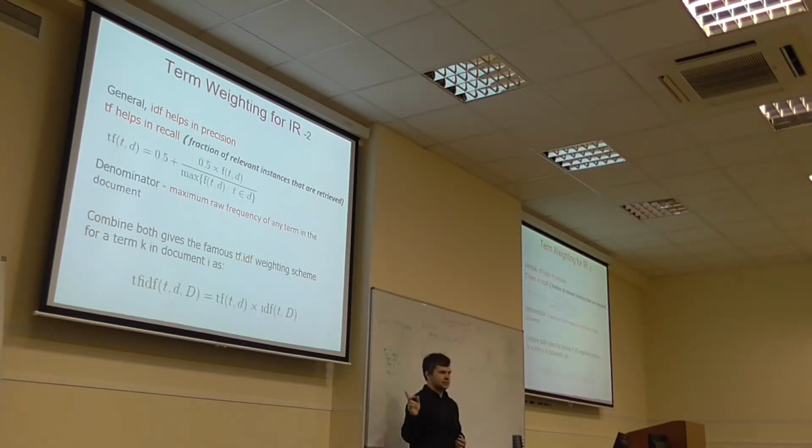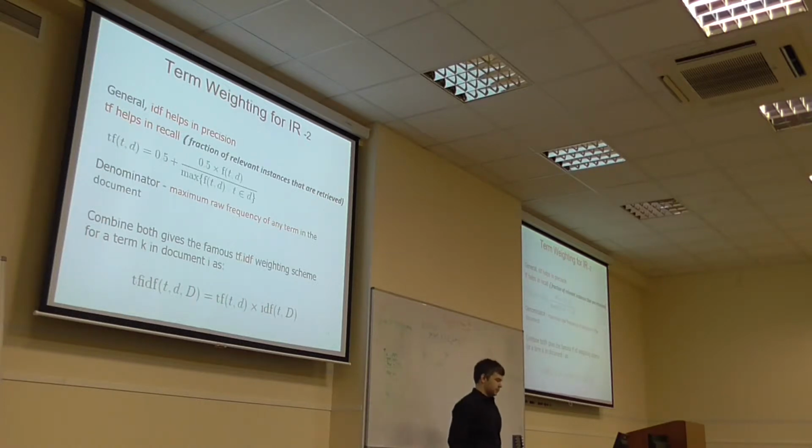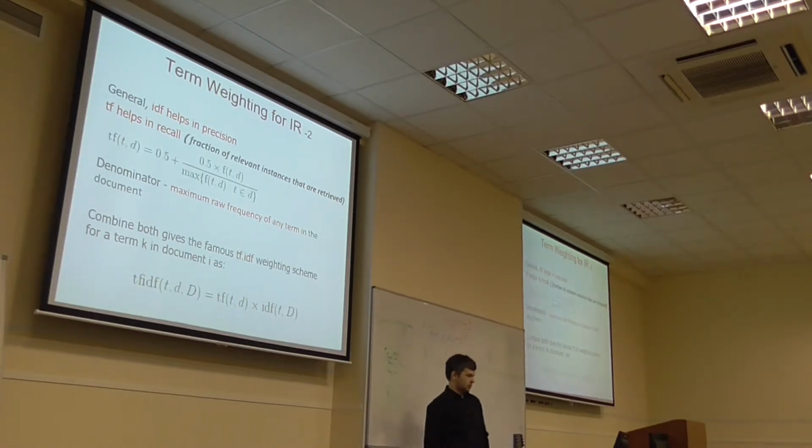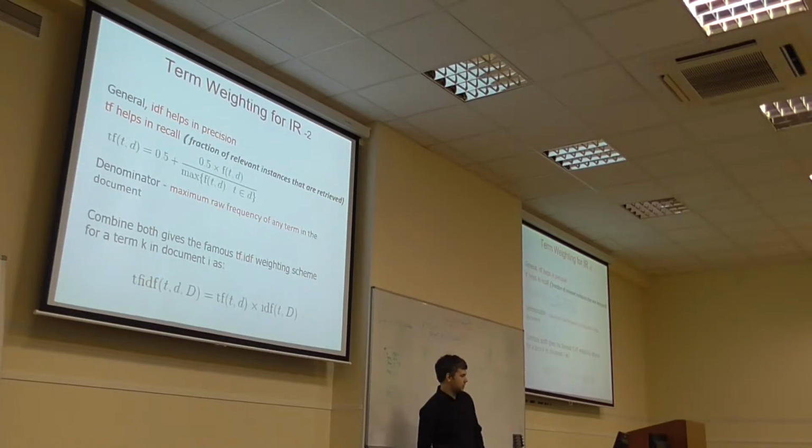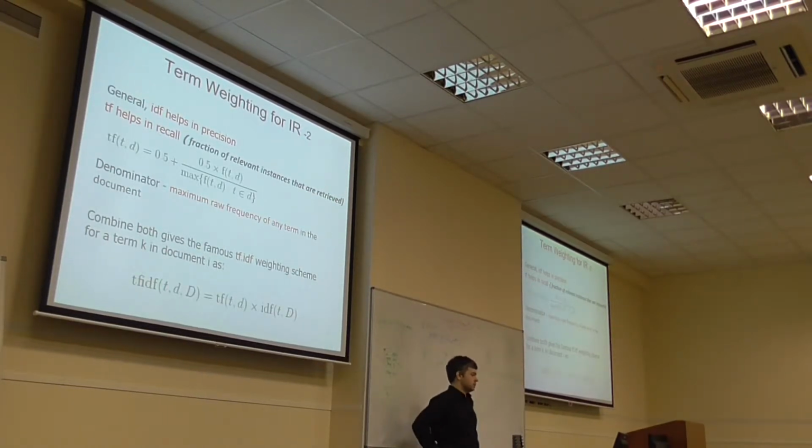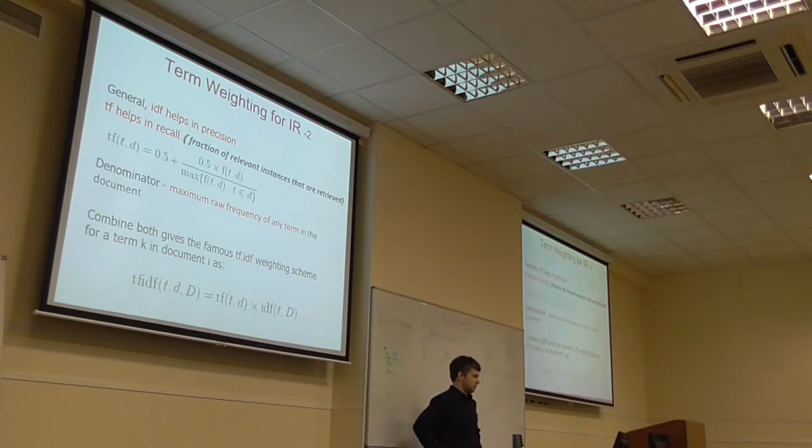In this measure we count how many relevant documents are in our output, even if it's very noisy. We just count how many we picked up from the whole set. And here term frequency is important. In the denominator we can see the maximum raw frequency of any term in the document.